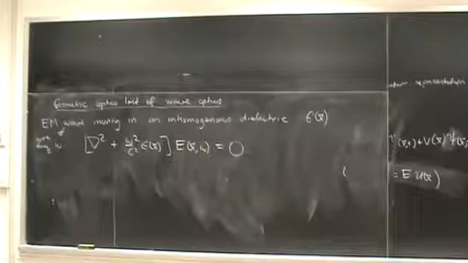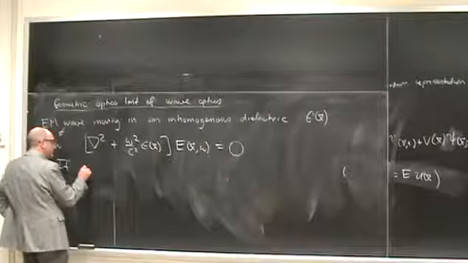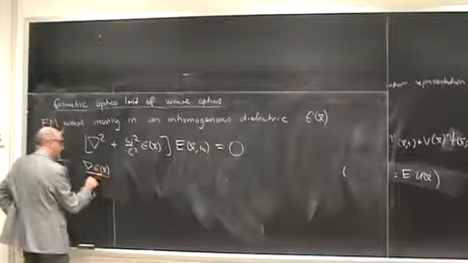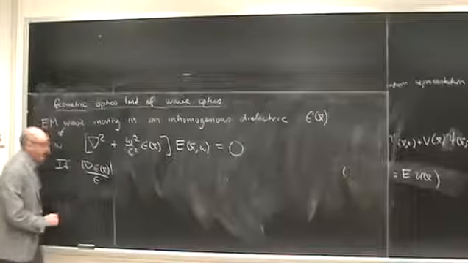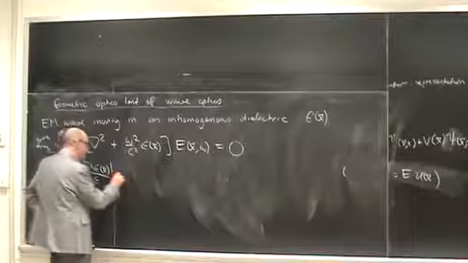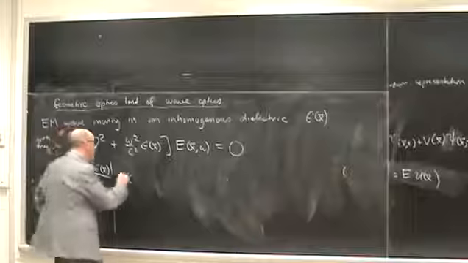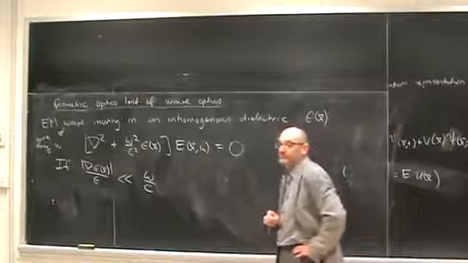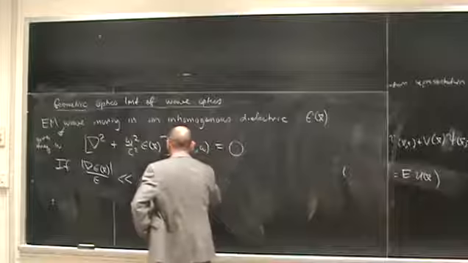However, if the way in which this is changing over space is much, much, much slower than omega over k, then I have an approximate solution.